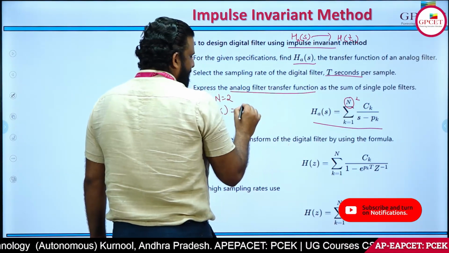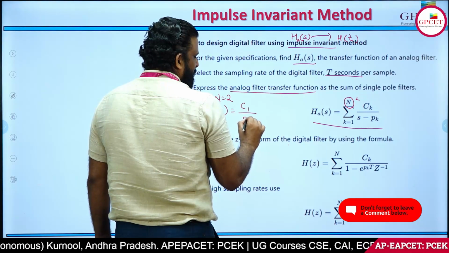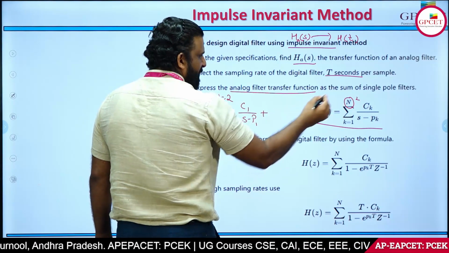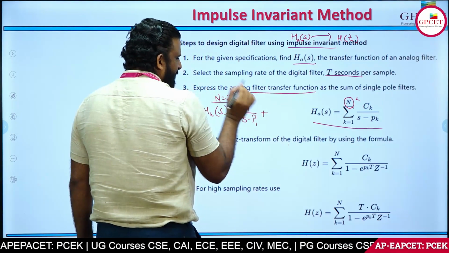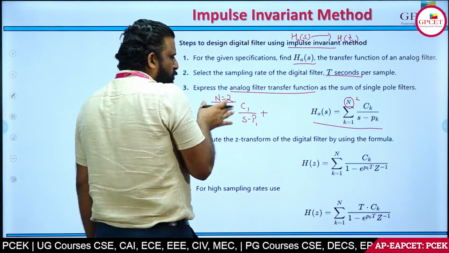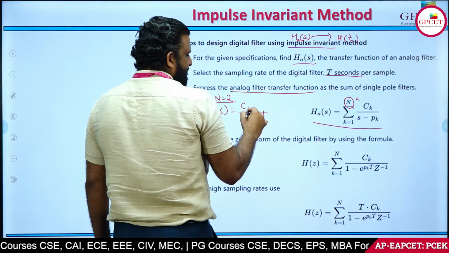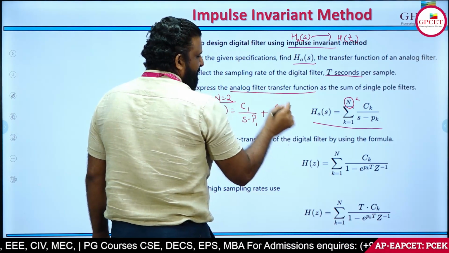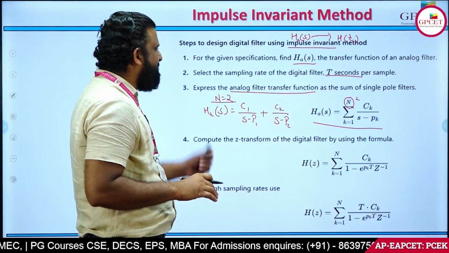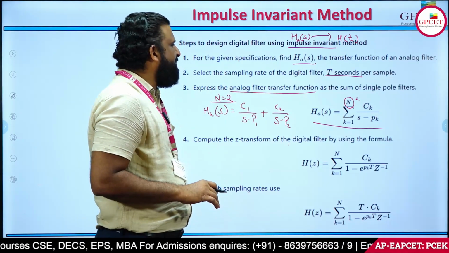So what can I write here? C1 by S minus P1 plus C2 by S minus P2. So in the third step, we summate the analog filter transfer function as single pole filters.